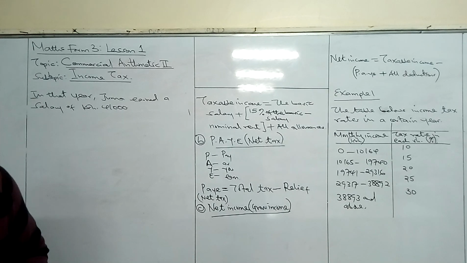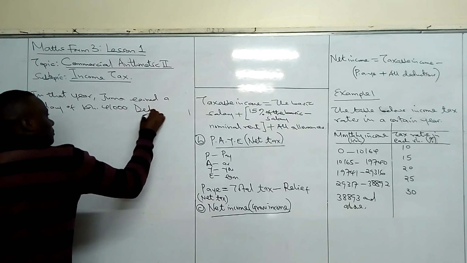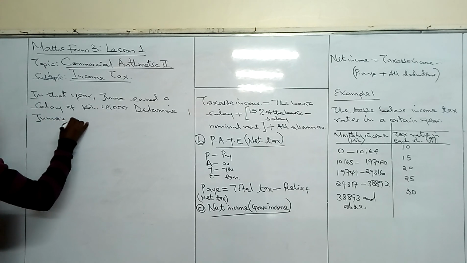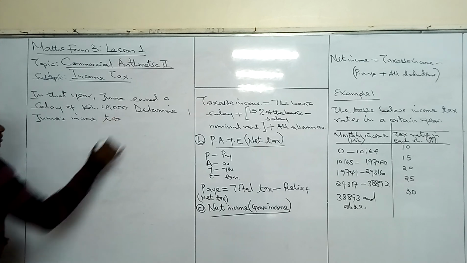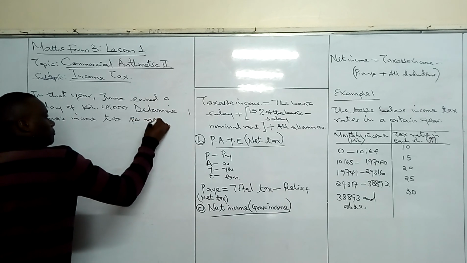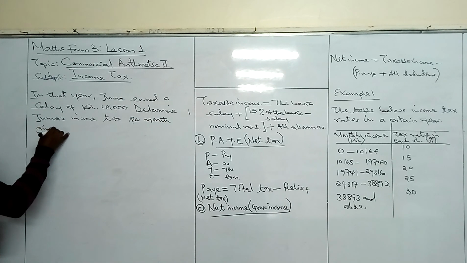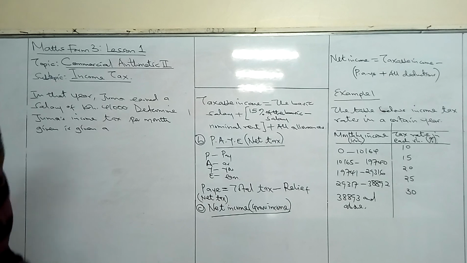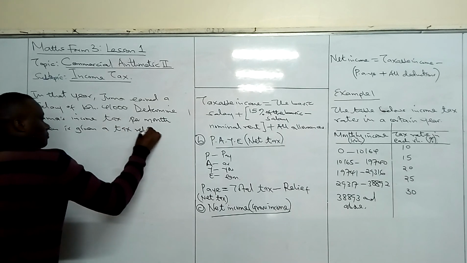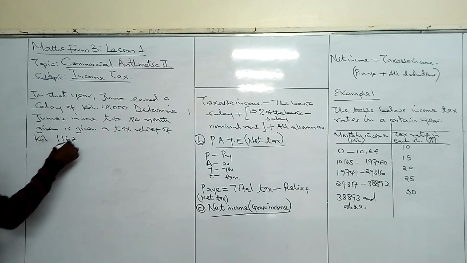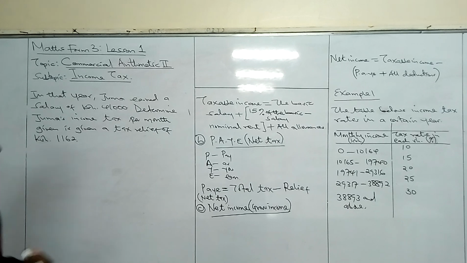Determine Juma's income tax per month, given that he is given a tax relief of Kenya shillings 1,162.